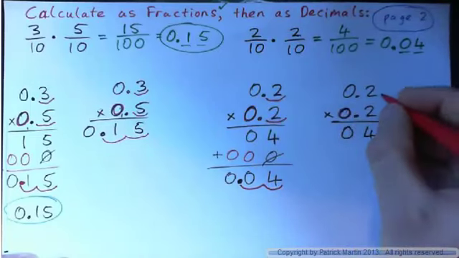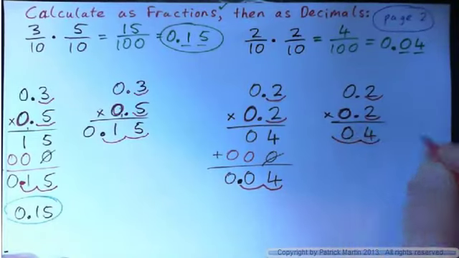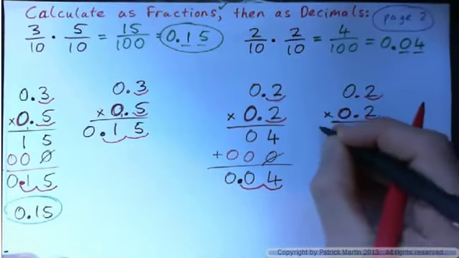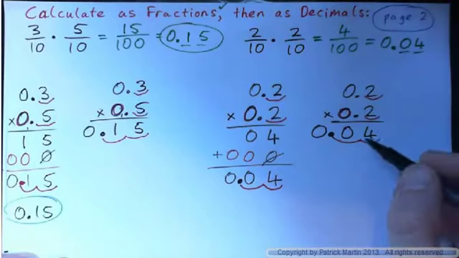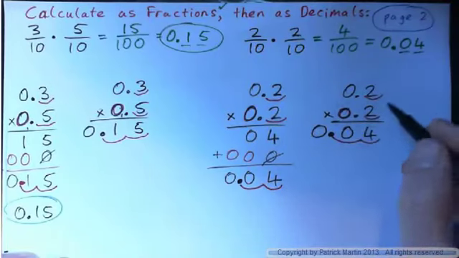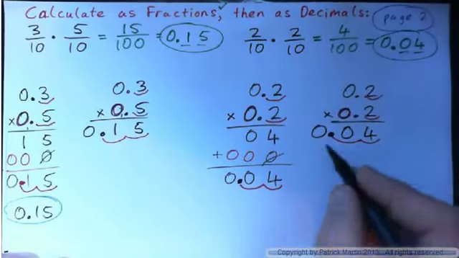You could just go 1, 2 places in the problem, 1, 2 places in the answer, put the decimal point here, 0.04. So this way or this way are correct. I guess you can do whatever you like. I think this way is a little bit simpler. Anyway, we got the same answer, 0.04.